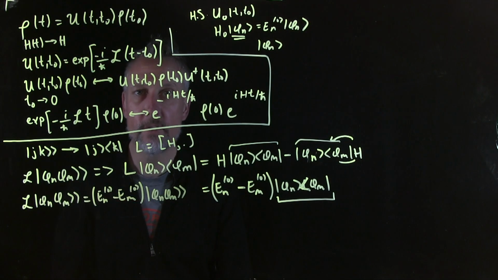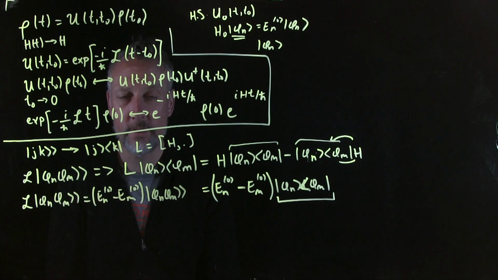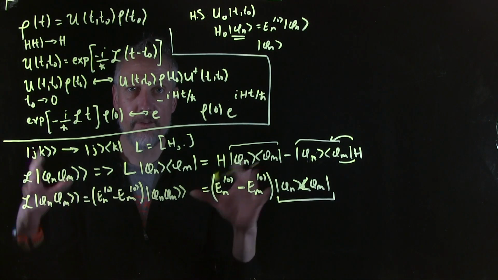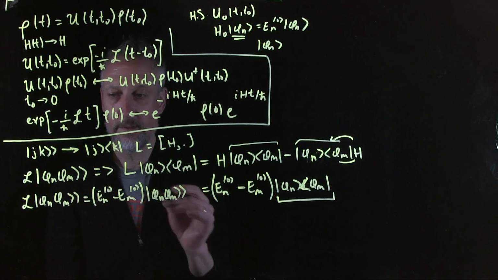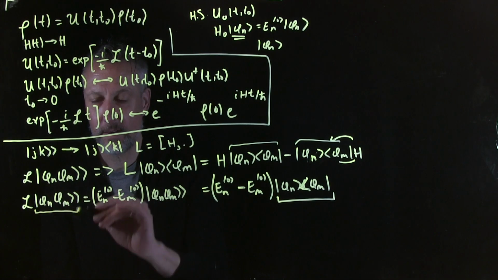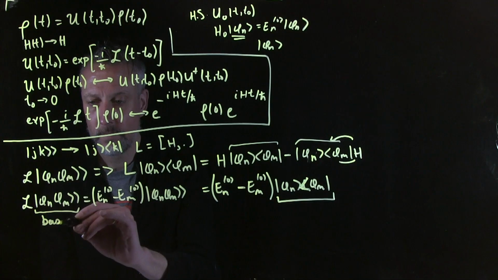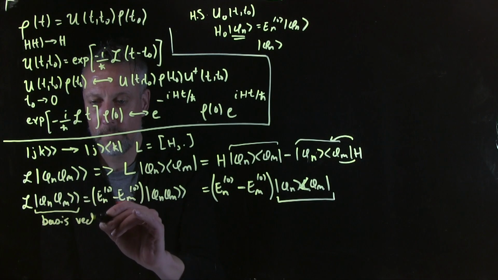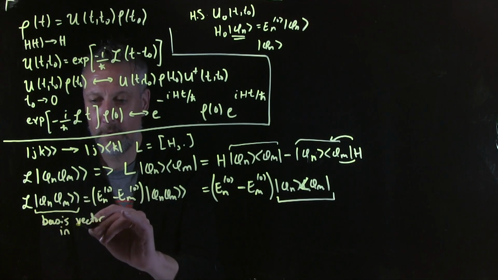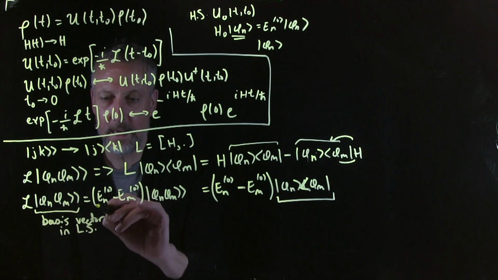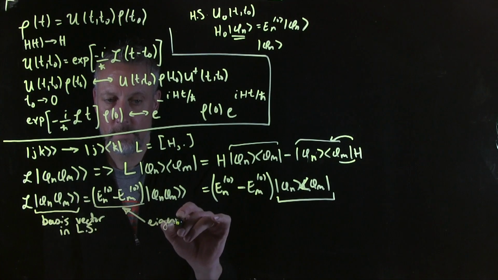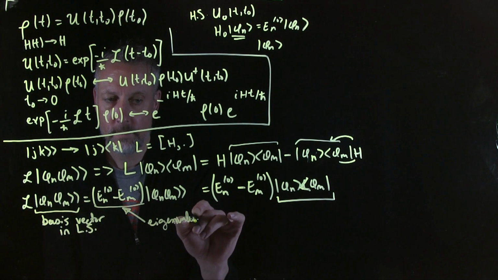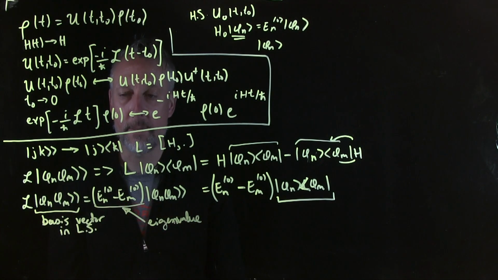Remember, the difference between Liouville space and Hilbert space is, in some sense, nothing other than a way of repacking the same information. So what this is telling us is that this is a basis vector in Liouville space with eigenvalue En minus Em.